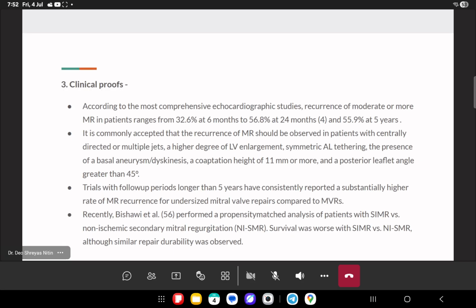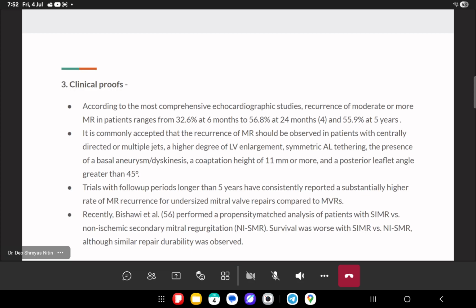According to the most comprehensive echocardiographic studies, recurrence of moderate or more mitral regurgitation ranges from 32.6% at 6 months to 56.8% at 24 months and 55.9% at 5 years. It is commonly accepted that recurrence of mitral regurgitation should be expected in patients with centrally directed or multiple jets, a higher degree of LV enlargement, symmetric interolateral tethering, the presence of basal aneurysm or dyskinesis, a coaptation height of 11 mm or more, and a posterior leaflet angle of greater than 45 degrees.